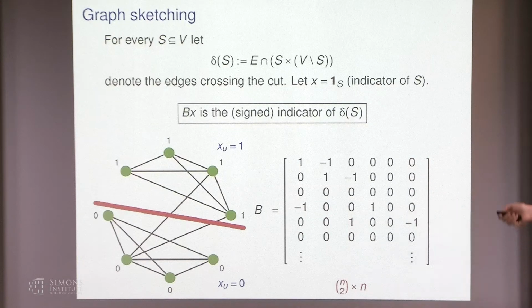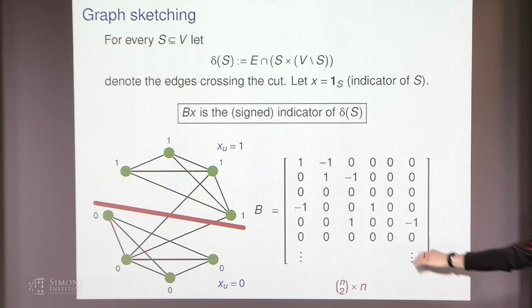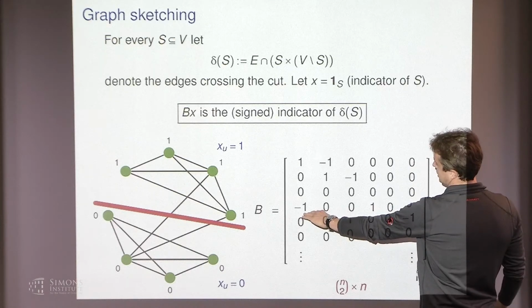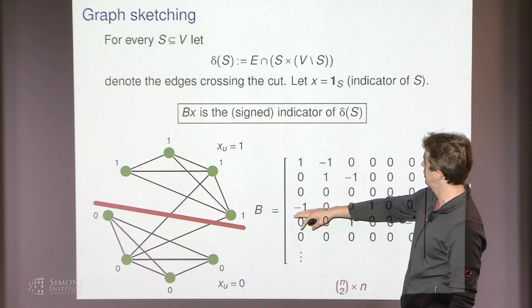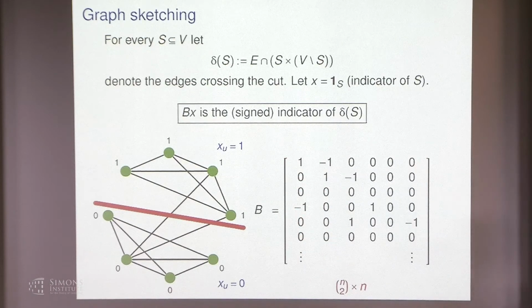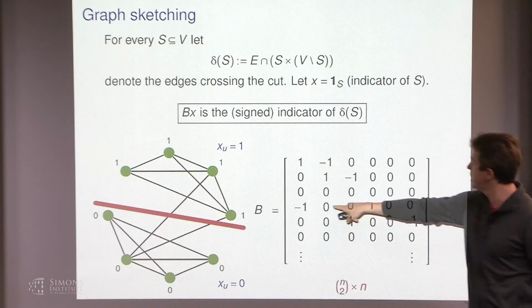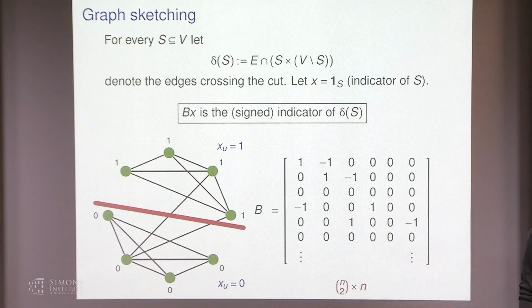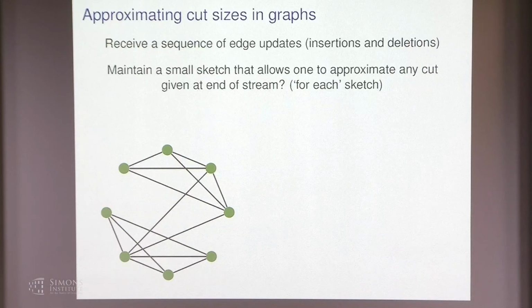If one of the endpoints of the edge is inside the cut and the other is not, then x zeroes out one of the endpoints and keeps the other. So I get a 1 or a minus 1. And if both endpoints of the edge are inside the cut, then the plus 1 and the minus 1 cancel. If both of the endpoints are outside of the cut, well, I'm multiplying by zeros anyway. All right, good. So B times x is a signed indicator of the set of edges in the cut.